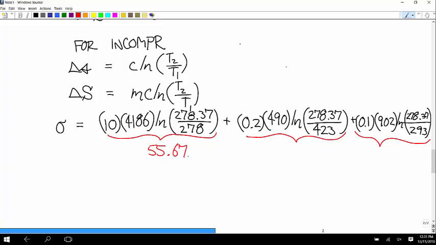Okay. That's joules per Kelvin. 1. Okay. Negative 6.26.